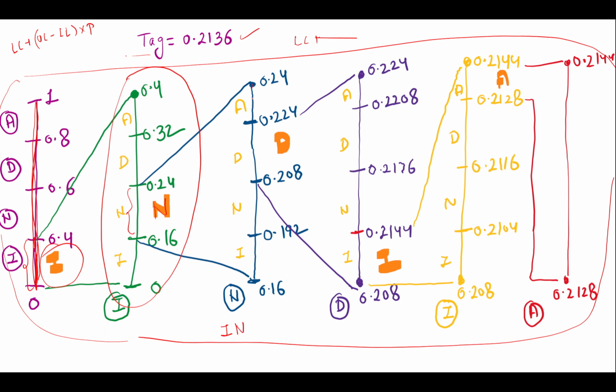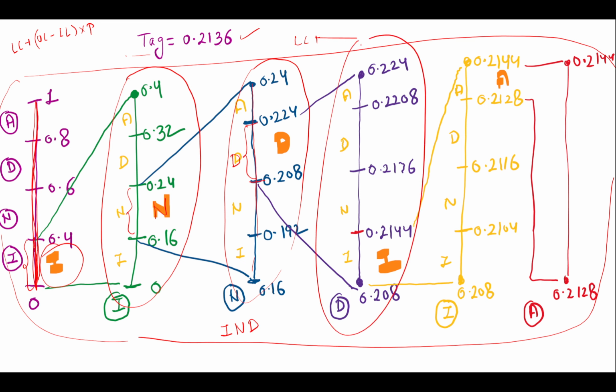Same thing in this stage: where does 0.216 lie? We know in the third stage, 0.216 lies in this range. So that means the letter is D. Okay, so again we come to the next stage.